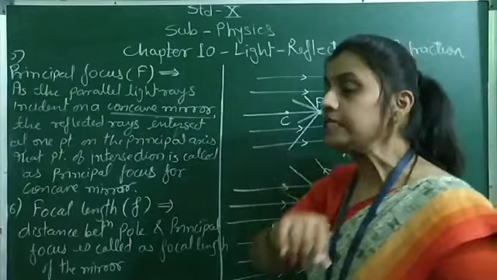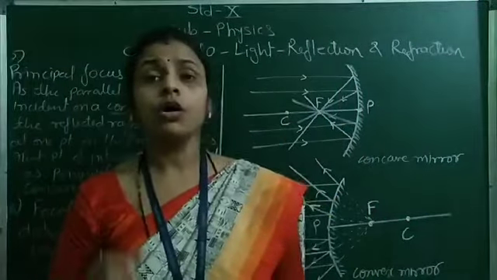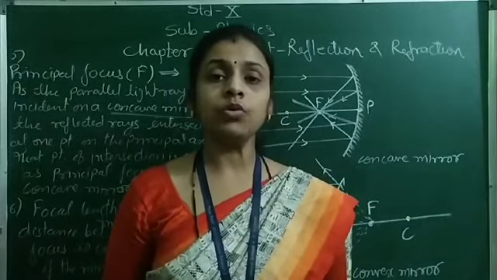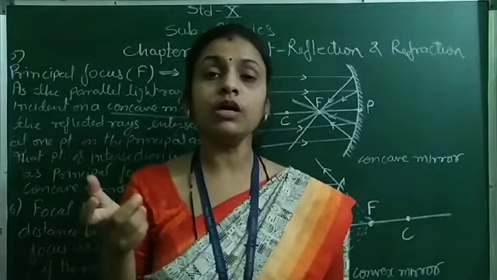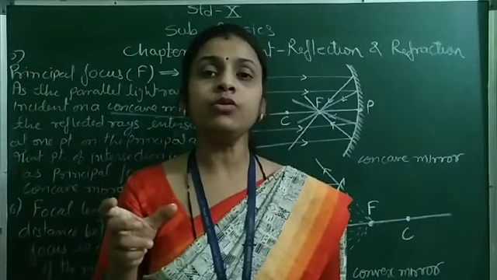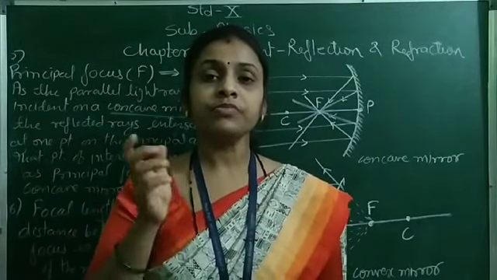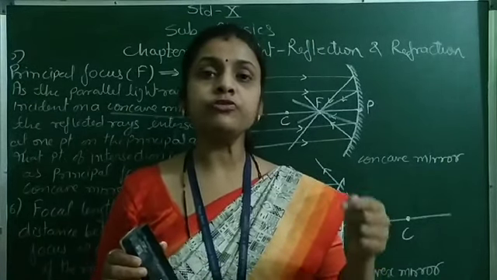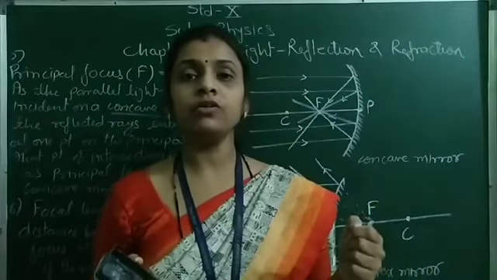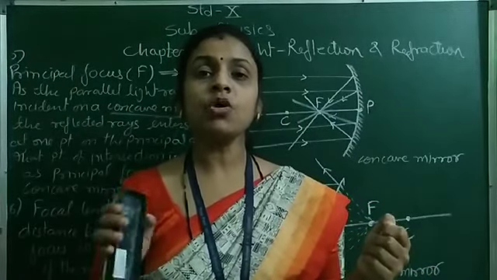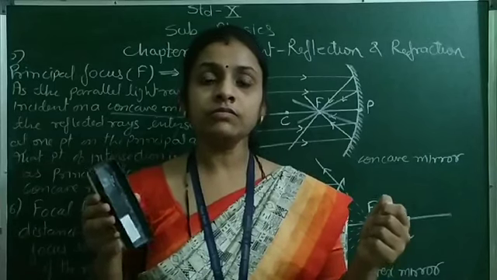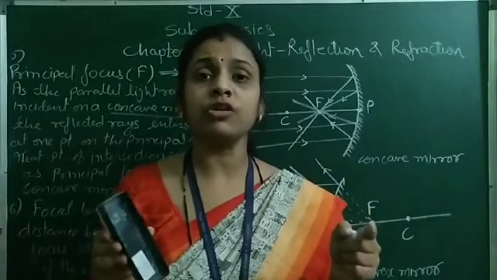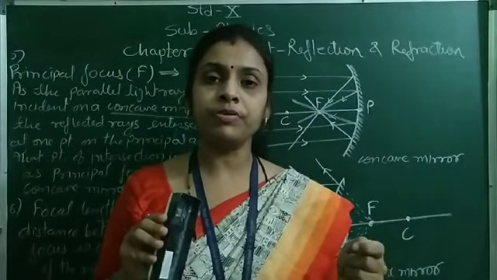Now consider an activity. Hold a concave mirror in one hand and direct it towards the sun in such a way that the reflected light rays are incident on a sheet of paper which you hold in the other hand.